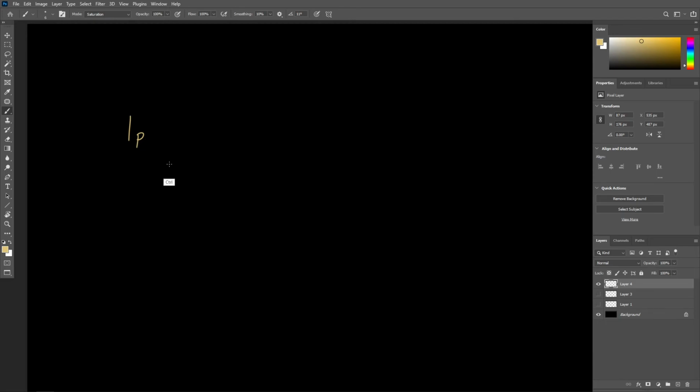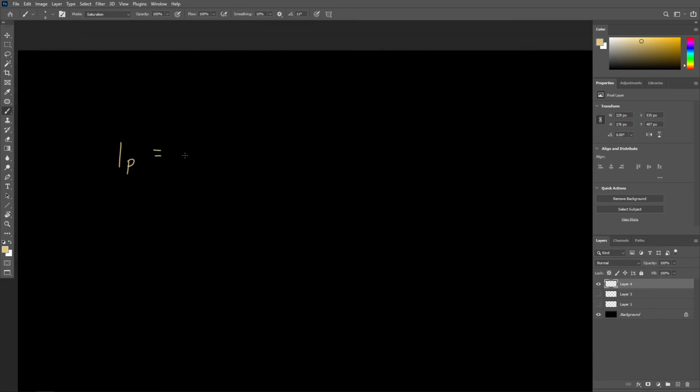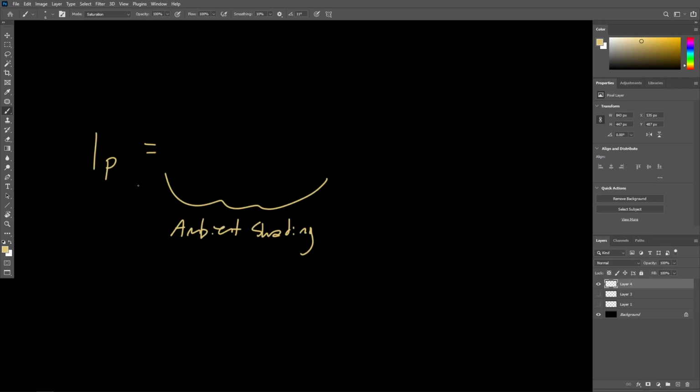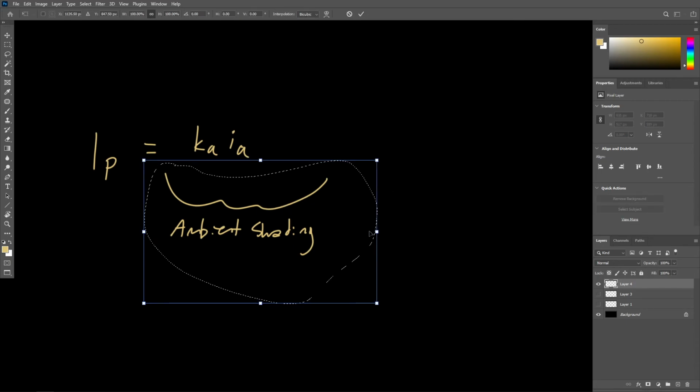So light intensity at a point, let's set that equal to, and we're going to start by introducing our ambient term. So we can say that our intensity at a certain point is equal to the ambient coefficient times the ambient light intensity. So that'll be our ambient term here, just substituting in that formula.